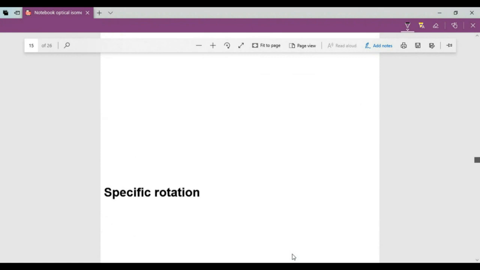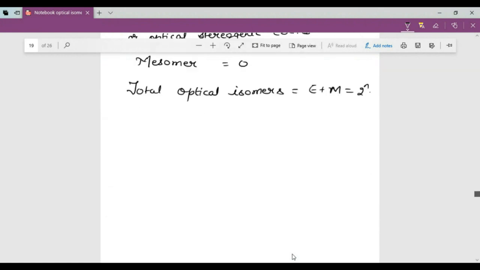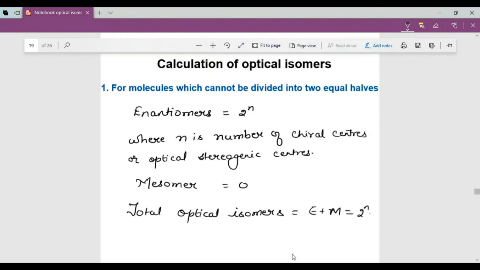Okay, so now let us go to calculation of the number of optical isomers. If a molecule cannot be divided into two equal halves, that is, it cannot form a mesomer, then the number of enantiomers is 2 raised to power n, where n is the number of chiral or optical stereogenic centers in the molecule.